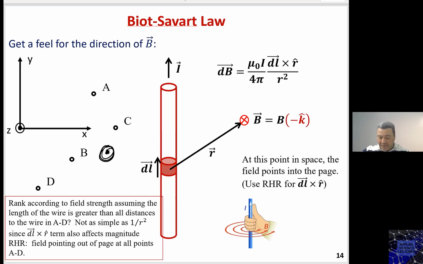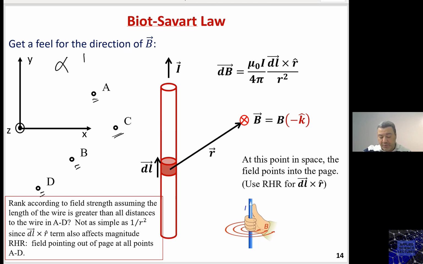Now, if we have this wire that has this current going up this way, and assuming that the wire is long compared to the distances between those points A to D and this wire, then I can say that the magnetic field at the point C is the greatest. If I am to compare those points A to D, then comes A, then comes B, then comes D. Why is that?